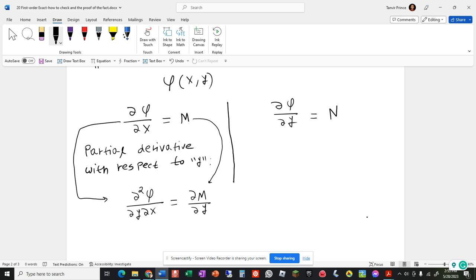For the second equation, let's take the partial derivative of both sides with respect to x.